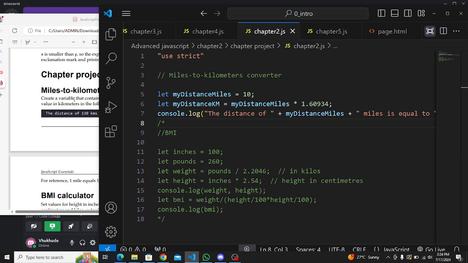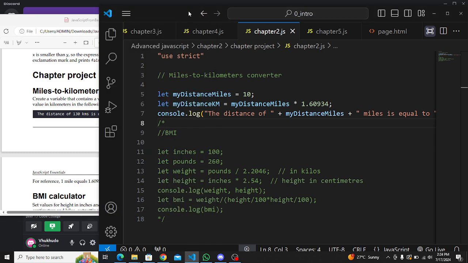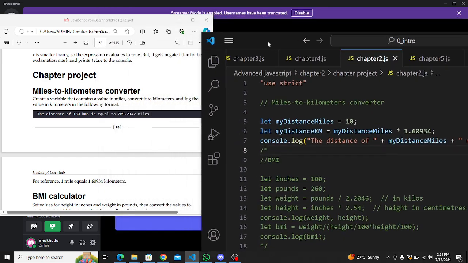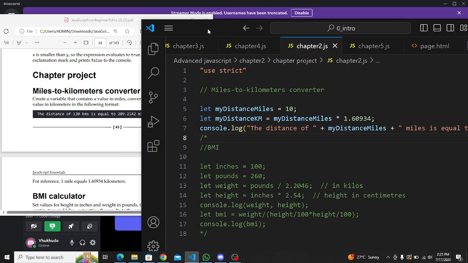They said we must create a variable that contains a value in miles. So we're just gonna say let my distance in miles equal to 10. You can choose any number just to experiment how different numbers give us different answers. And then they said convert it to kilometers. So we know that for us to convert miles into kilometers, we have to multiply by the reference here.